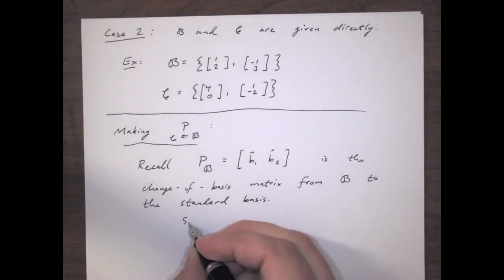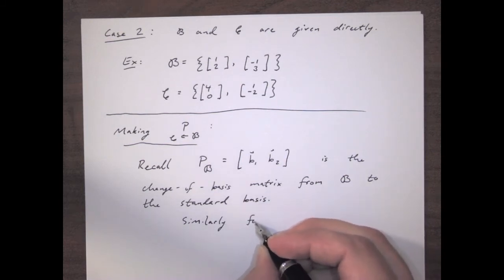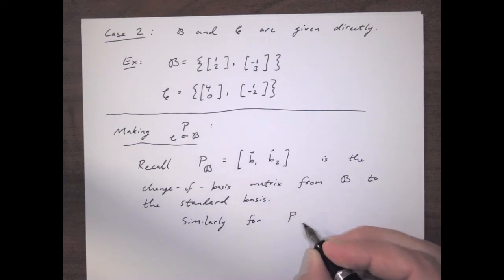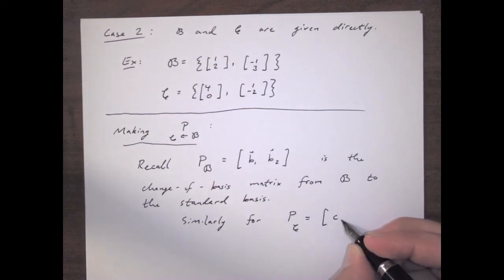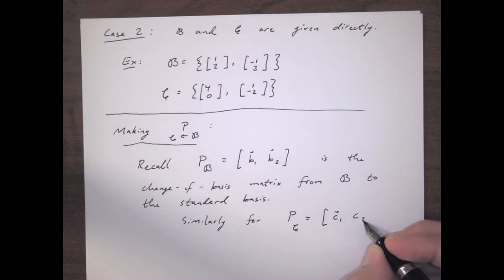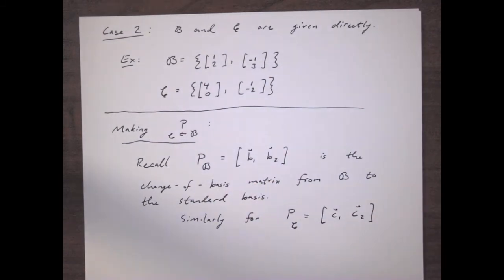And similarly for P sub C, which would equal C1 and C2. Now let's think about what this actually means. This is the matrix that changes from representation with respect to B to the standard basis, in other words, regular format.